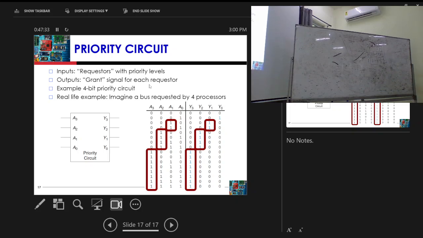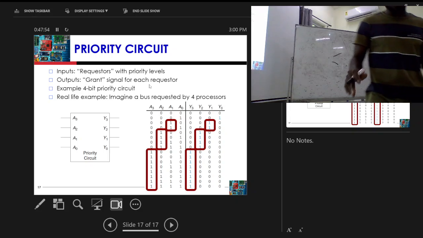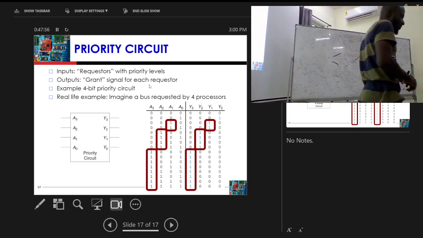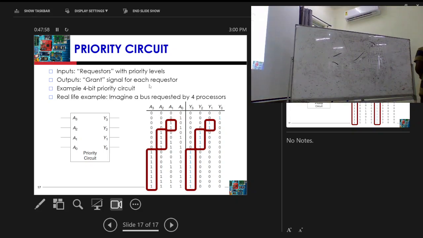Please, how do we use logic gates to draw this? So let's start. Which one has the highest priority? Once A3 is 1, what is the output? The output is 1.